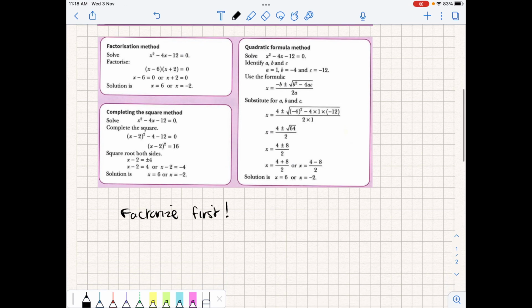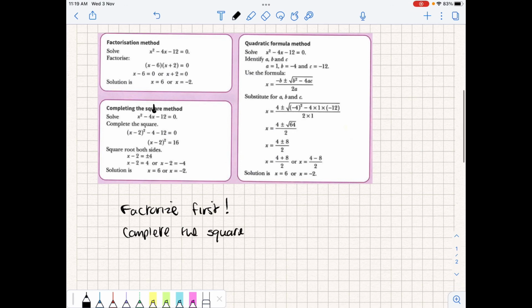If we can't factorize because it's impossible to see the simple factors, we should complete the square, right? Especially if the coefficient in front of the x term, so the number in front of x, is even, that will give us a nice, easy completed square.